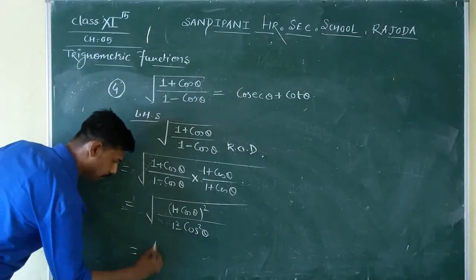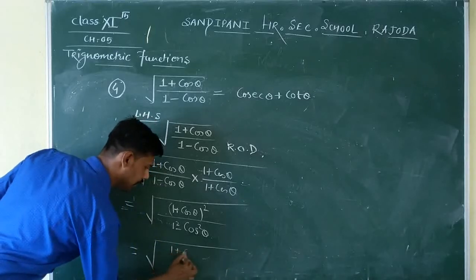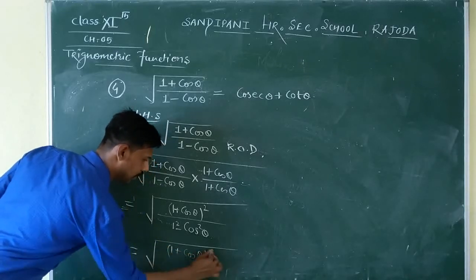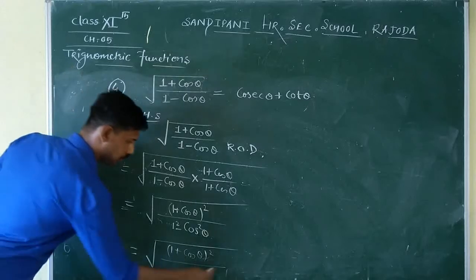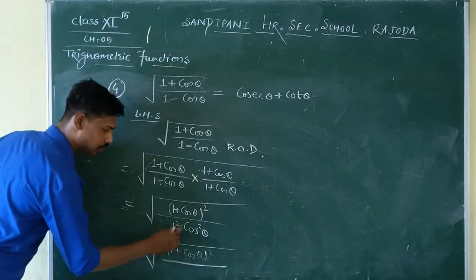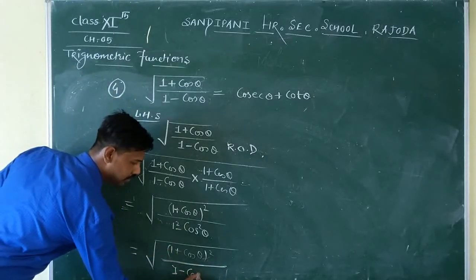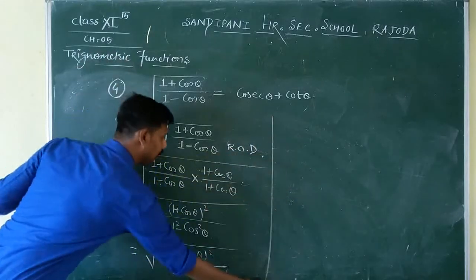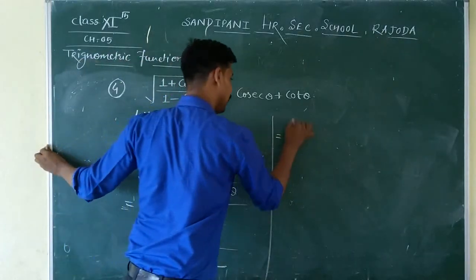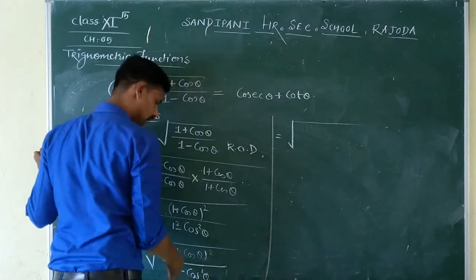Finally, (1 plus cos theta) whole square by 1 square, that means 1 minus cos square theta, according to the identity of class 10th.